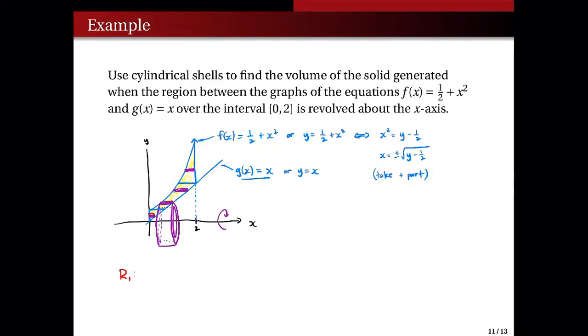Okay, so for the function f of x, we will use that later. We need the function y equals x, or the line y equals x. So for region 1, we need the height. How do I do this? So region 1.